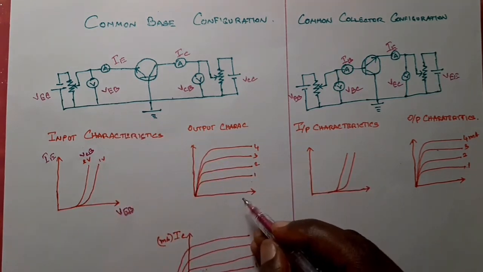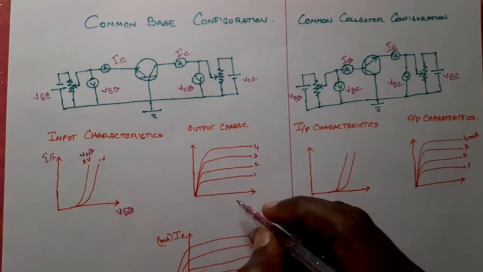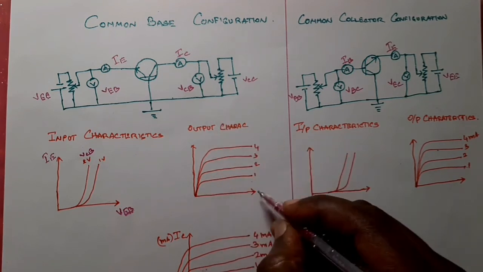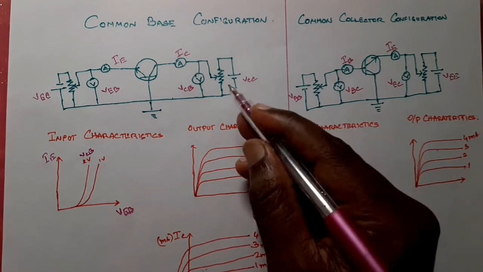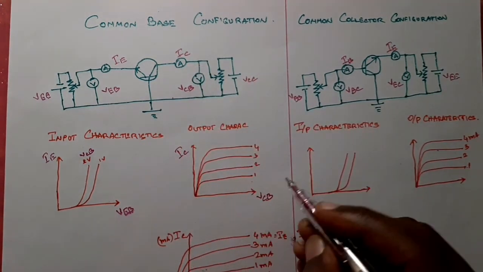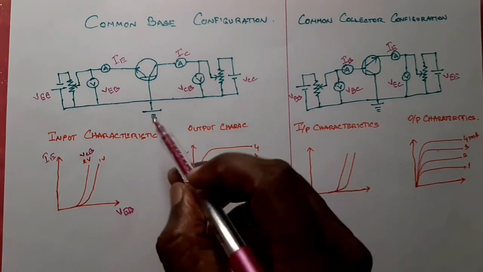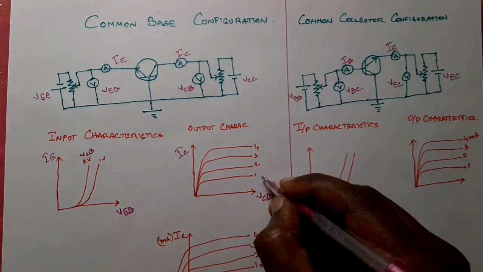In the same way, the output characteristics are output voltage versus output current. The output voltage is VCB and the output current is IC. Now we will keep the input current constant. What is the input current here? IE.